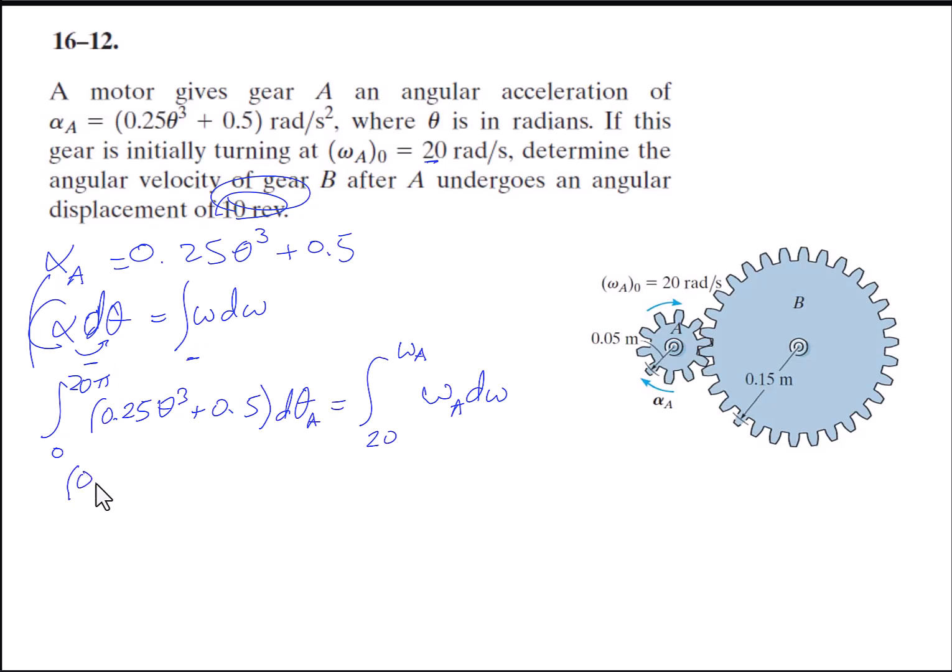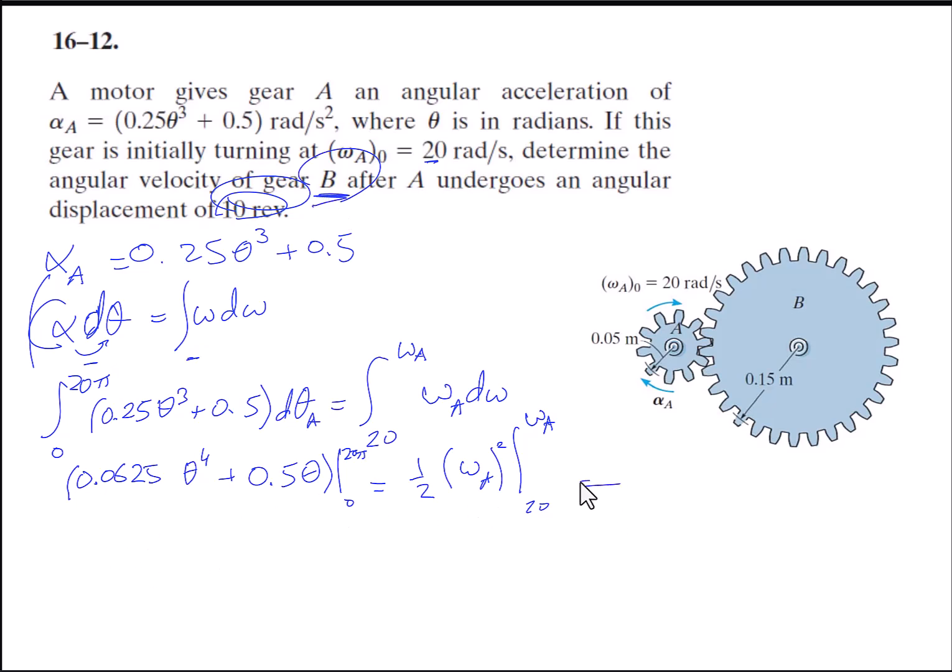You do the integration: 0.0625 omega to the fourth plus 0.5 omega, so constant, and this is evaluated from 0 to 20 pi, and this is equal to 1/2 omega A squared, evaluated from 20 to whatever we have, omega A at the end, the angular velocity after the 10 revolutions.